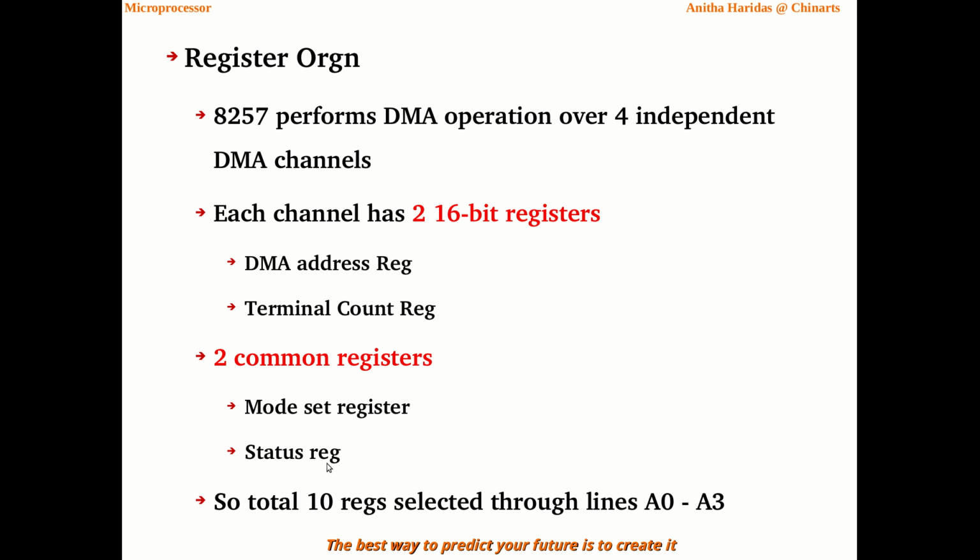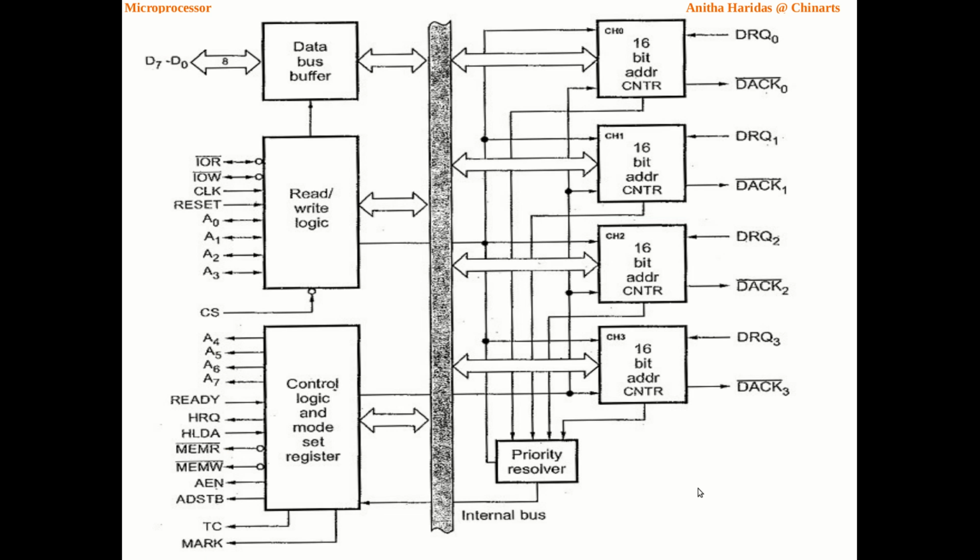Right? So totally we have 10 registers which can be selected through the address lines A0 to A3. How many registers are there? 10 registers are there. 8 registers available in 4 different channels.